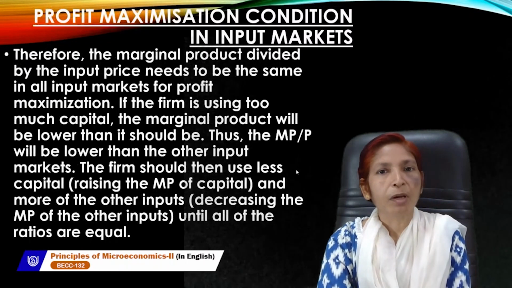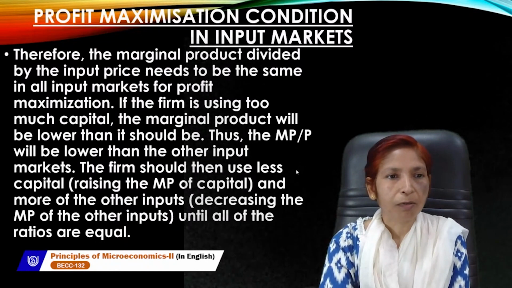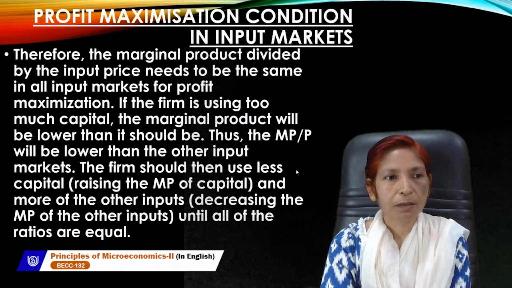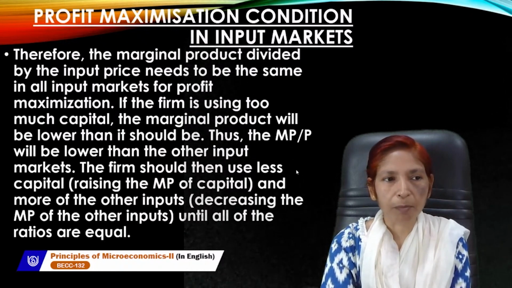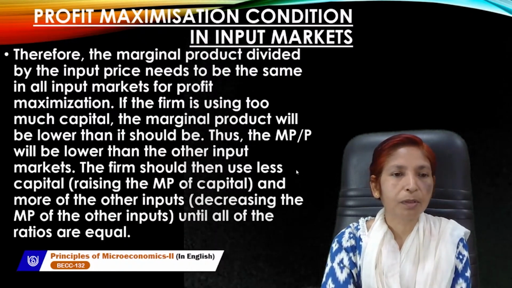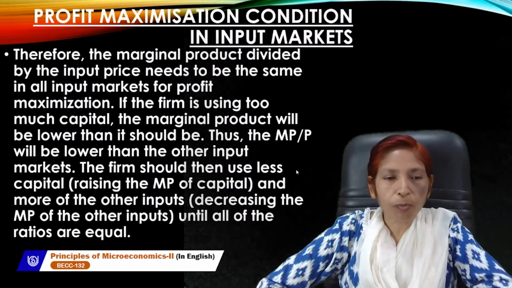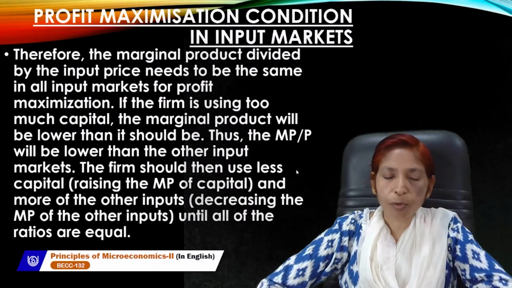Next is the profit maximizing condition in the input market. We can conclude with this equation: the marginal product divided by the input price needs to be the same in all input markets for profit maximization. If the firm is using too much capital, the marginal product will be lower than it should be.